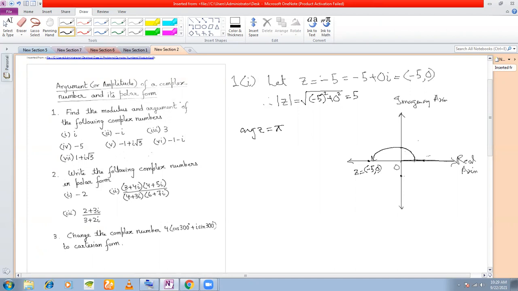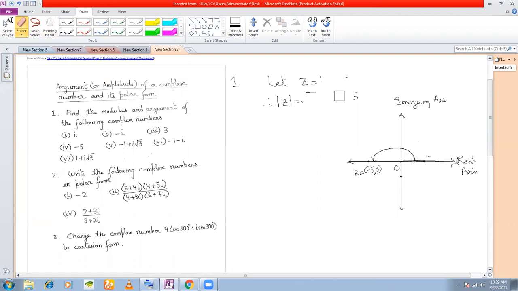Okay. Moving on to the next one. z is equal to minus 1 plus i root 3, which in ordered pair form is (-1, root 3).